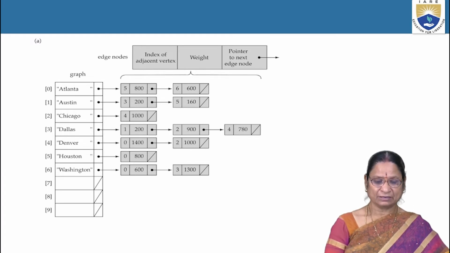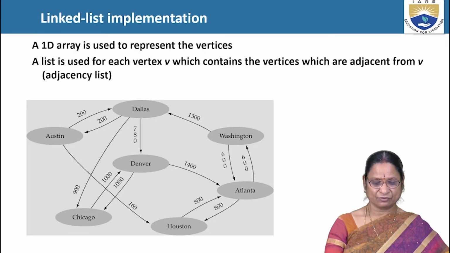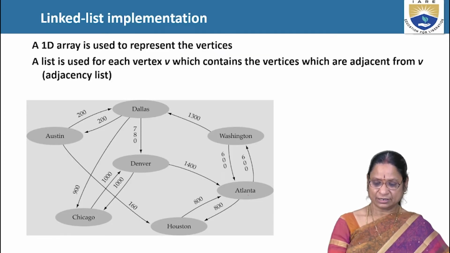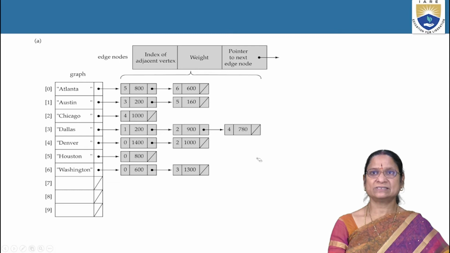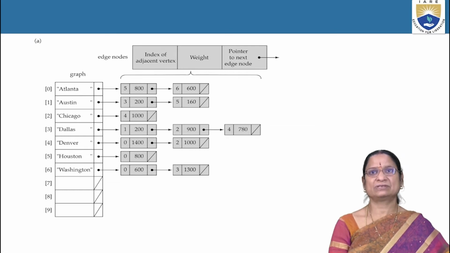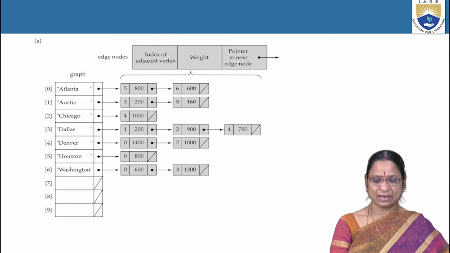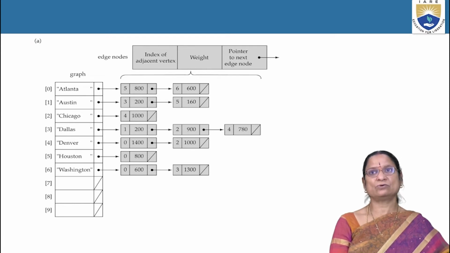So, for example, if you consider Atlanta, what are the neighboring vertices from Atlanta? Washington, because 600, and from Atlanta, 800, Houston. So only 2 neighboring vertices are there, that's why 2 nodes are there in the list. That is 3 Chicago, you are going to have Dallas, and the fifth node is Houston.